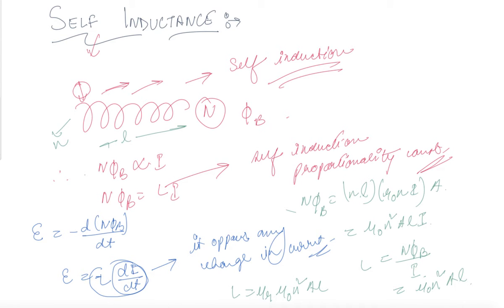Now we have introduced a term mu r. What does this mu r actually signify? Our calculation should have been over at this particular point, so what does this extra mu r signify? This extra mu r signifies, say suppose you put a magnetic substance inside this solenoid with magnetic susceptibility, then you have to understand the relative permeability changes.